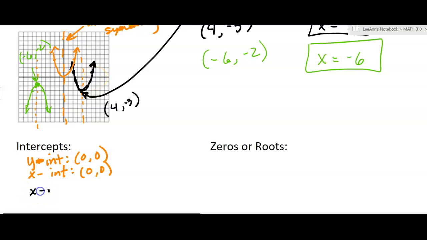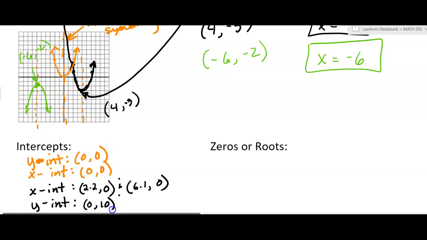So there's one at, well, I did the further one first, 6.1 comma 0, and the other one looks like about 2.2 maybe. I'm just kind of guessing. All right, those would be the x-intercepts. The y-intercept, well, I can't even read the y-intercept, but there is one. I would have to extend this, and maybe it's like 10 or something. We're just kind of guessing there. But that's what the y-intercept would be.